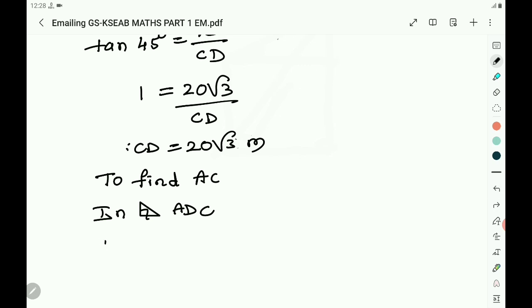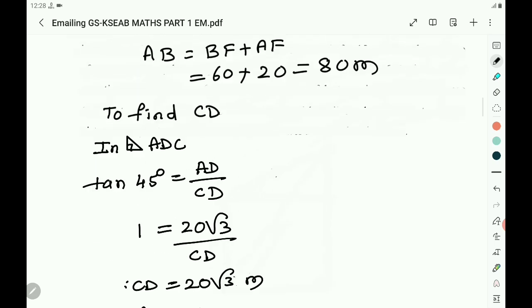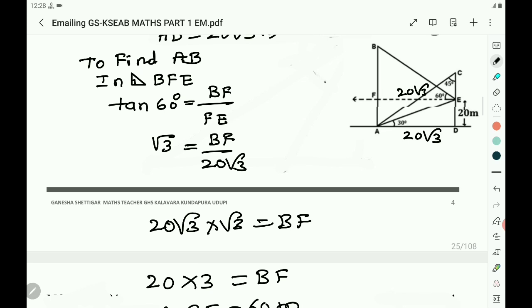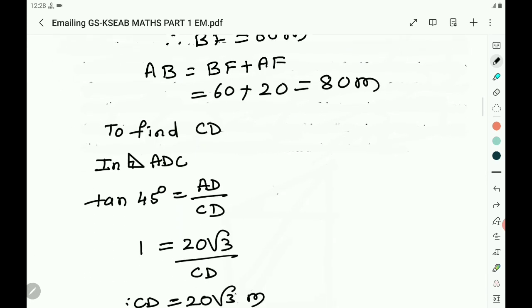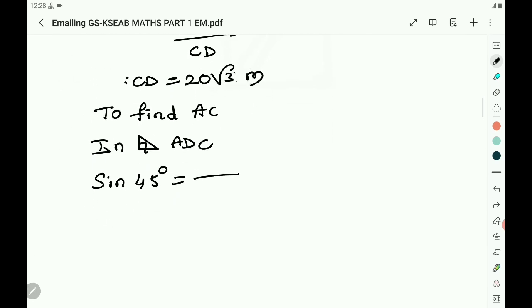Then you use sin 45 degree is equal to opposite side AD by hypotenuse AC. Sin 45 is 1 by root 2.